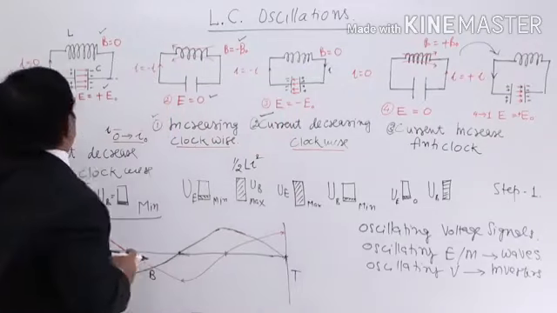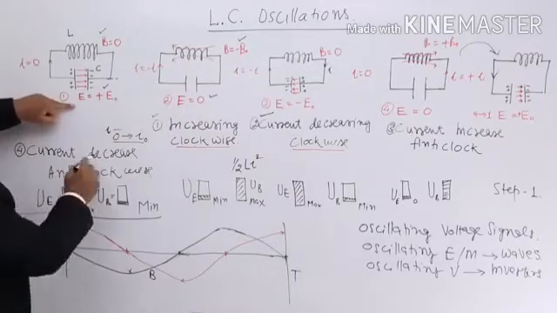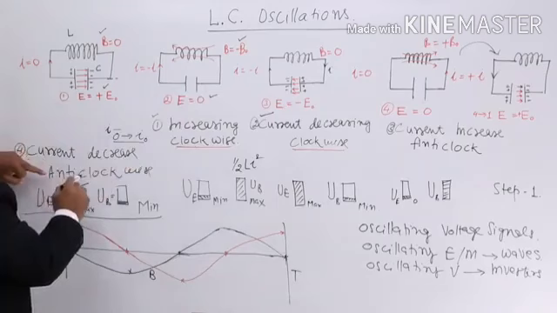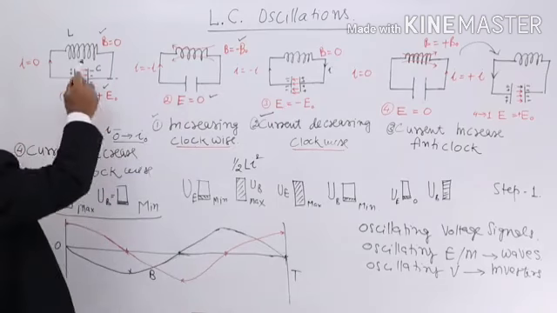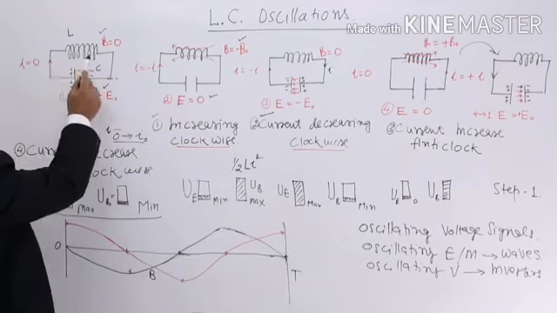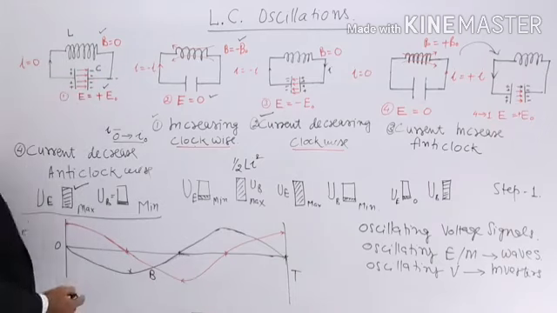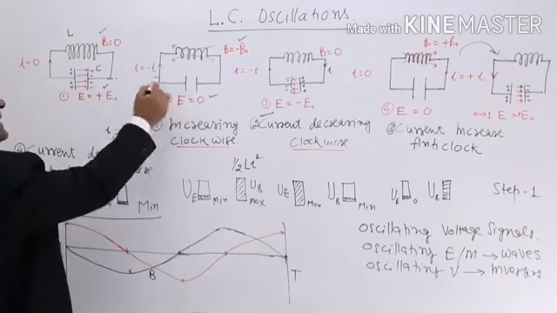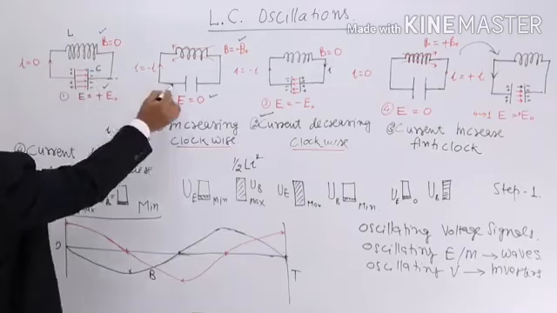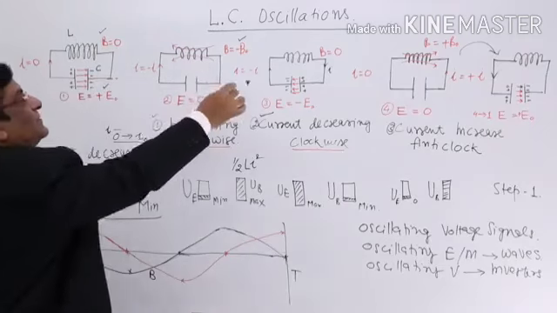Again they come here. The current decreases, so anti-clockwise, and what is happening? It gives its energy and sends all the charges back to this plate. Now when it comes here, the current becomes 0. From this 0 current, again these positive charges go here and this cycle starts.